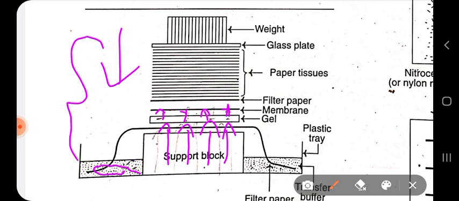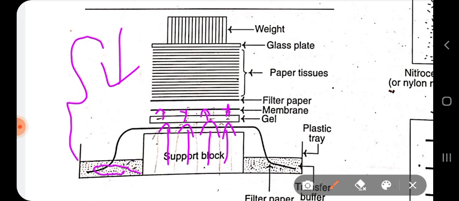where with the help of capillary action, the buffer is moving from the bottom of the filter paper through the gel, carrying the denatured DNA present in the gel, and the DNA becomes trapped within the nitrocellulose membrane as the buffer passes through it.